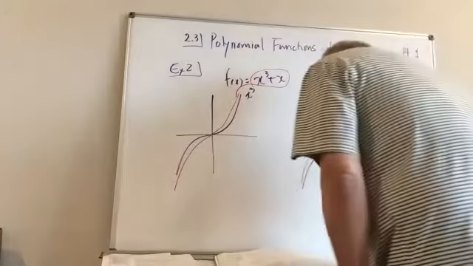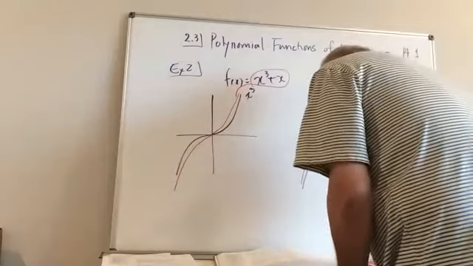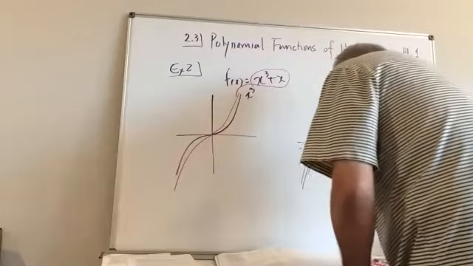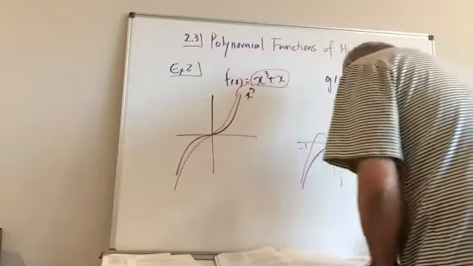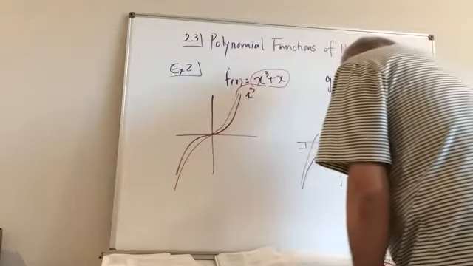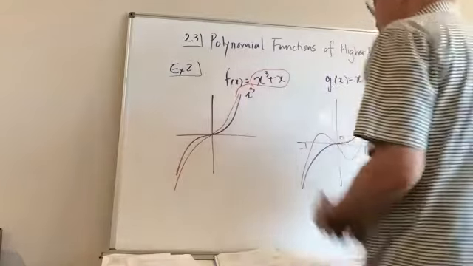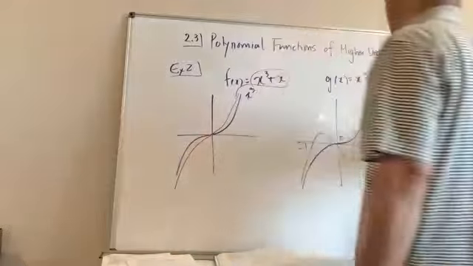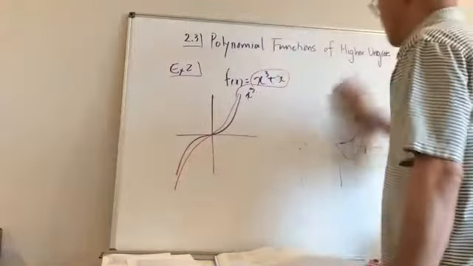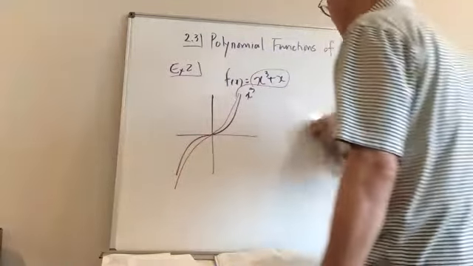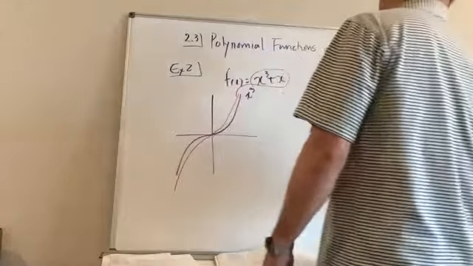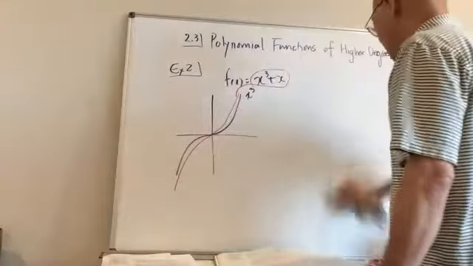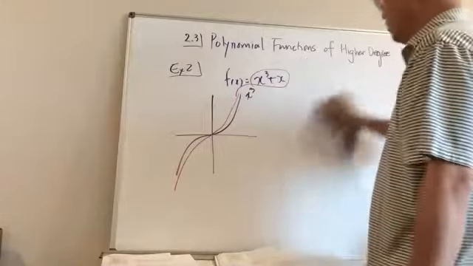Blue box says, a polynomial function of degree n has at most n minus 1 local extremas and at most n zeros. Okay, well, that makes sense, right? If you are an x cubed function, you can only have 3 zeros, right? Up to 3 zeros, sometimes less, right?